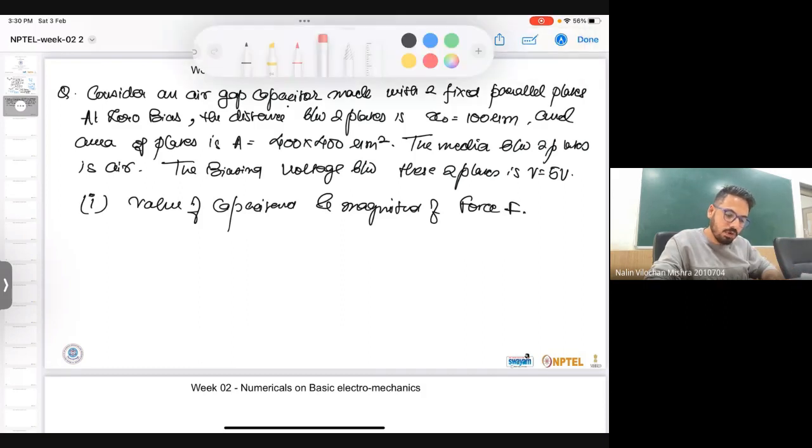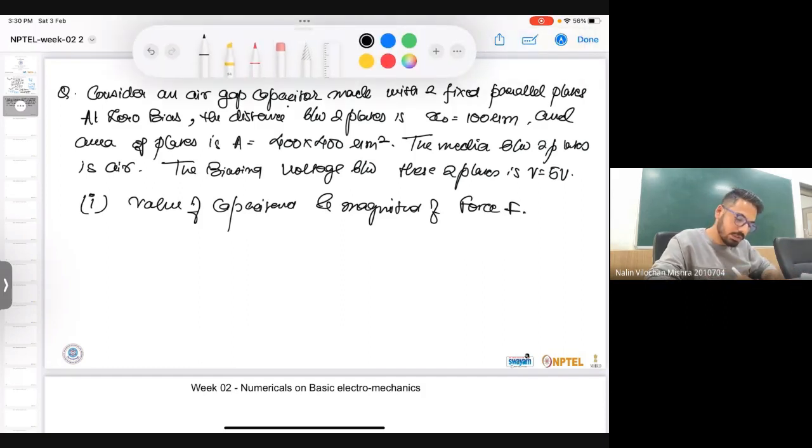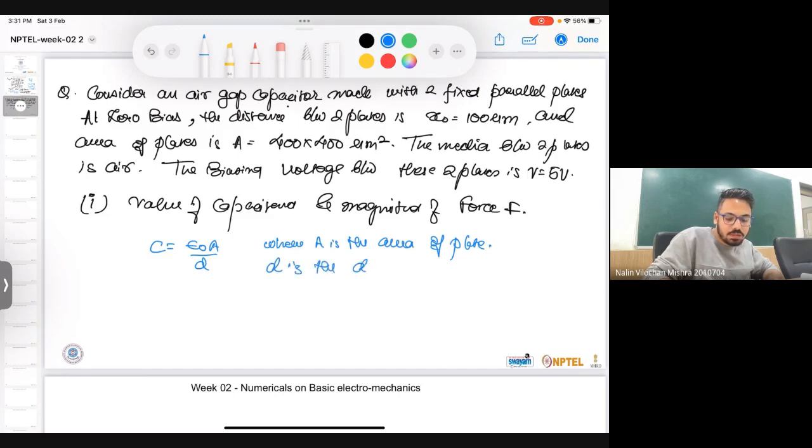You know the basic formula for capacitance, right? Which is C equals epsilon A by D, where A is the area of the plate and D is the distance between those plates.